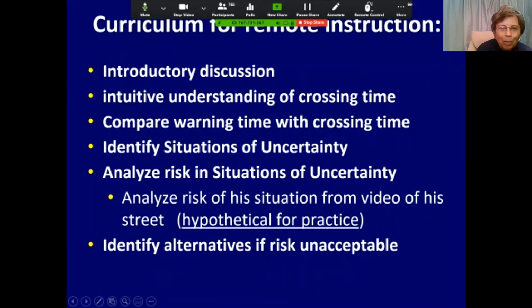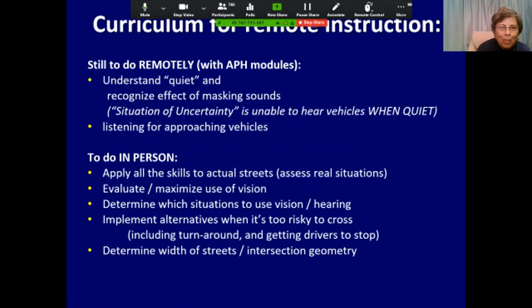All right, so we went through everything on my little list, and remotely, we'd still like to understand what quiet means and recognize the effect of masking sounds, and then be able to listen to approaching vehicles. And in person, I want to have him apply all those skills to actual streets, assess real situations.